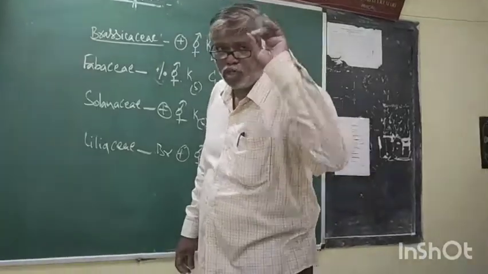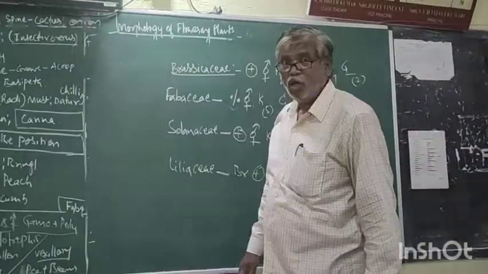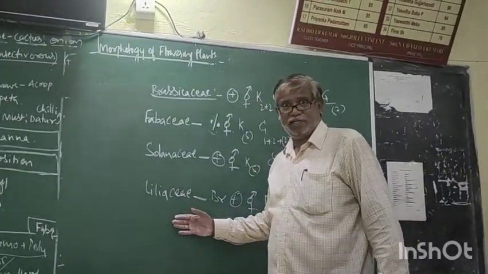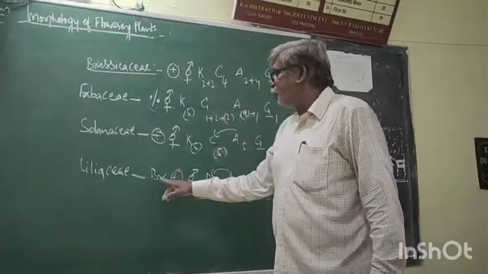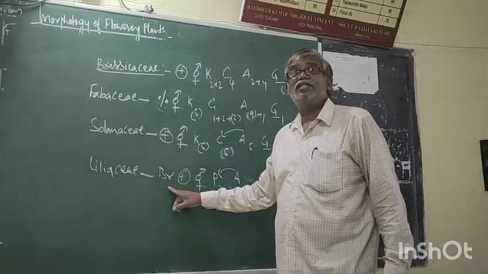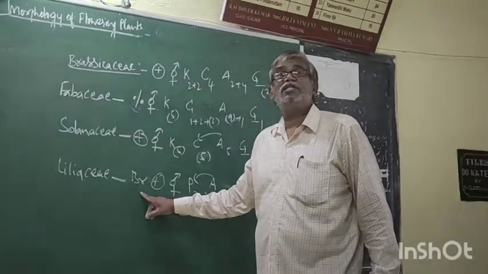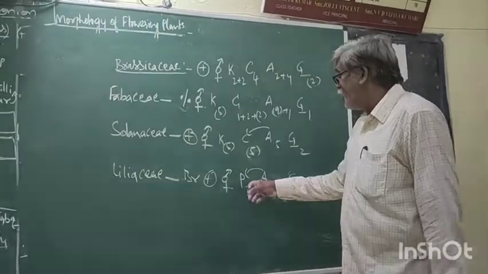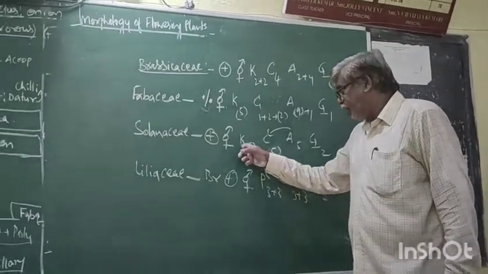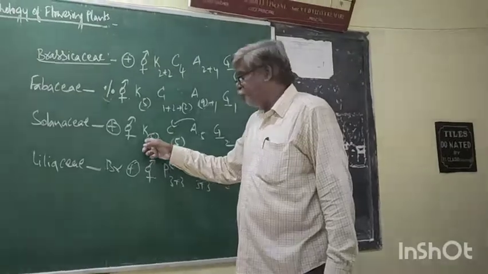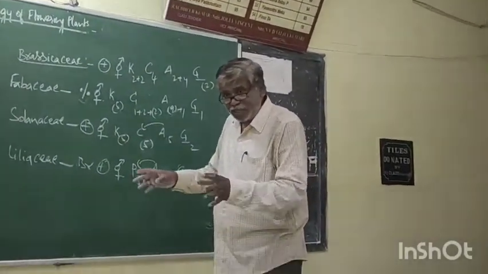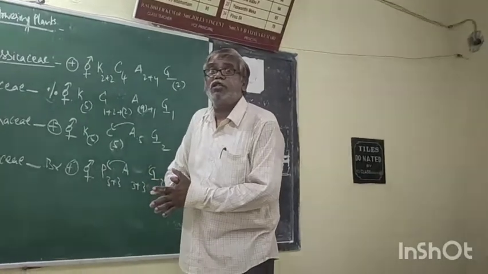Now come to the 3rd family, Liliaceae. The most important among these is a monocotyledon family. Liliaceae. Now, bracteate: at the base of the pedicel, a pair of outward structures is called bracteate. Here big K, C: K means sepals, C means petals. But in Liliaceae, sepals and petals are united and form the perianth.